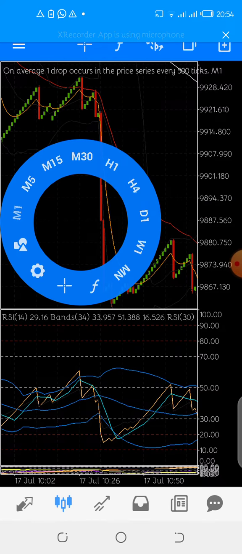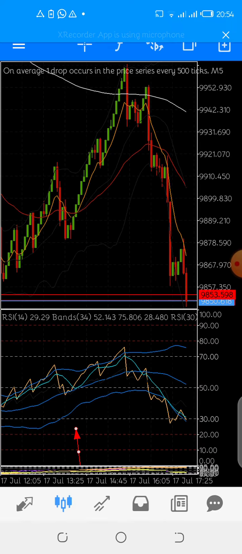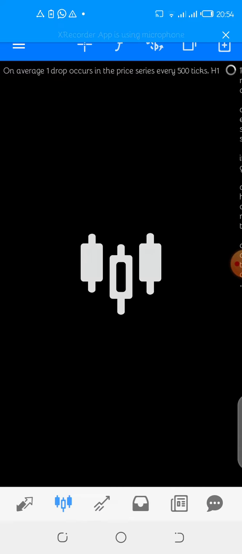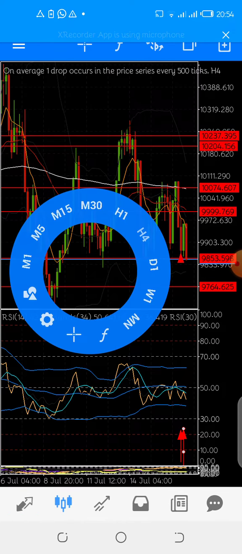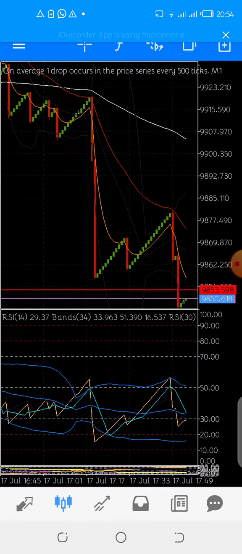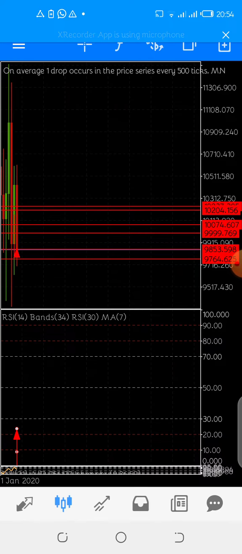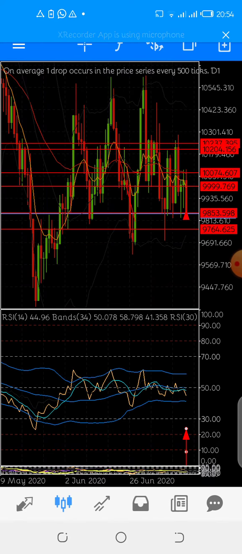You choose if you want to check the 1-minute chart, the 5-minute chart, the 15-minute chart, the 30-minute chart, and then H4, you just go on like that. That is where you choose the time frame. Whatever you have here on the mobile phone goes up to 1 month, which is MN. So this is monthly, this is weekly, this is daily.